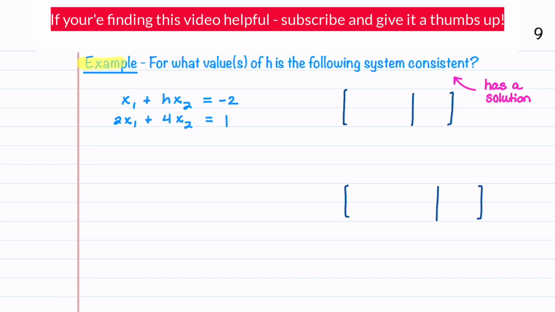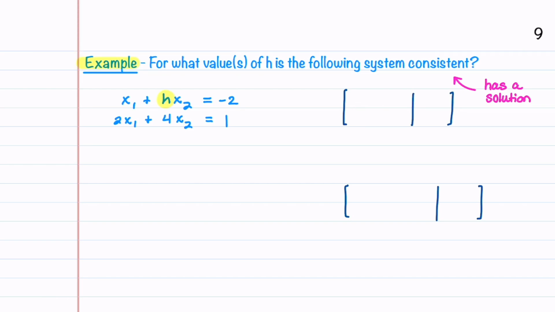In this last example, which has a constant h in it, we're asked for what values of h is the following system consistent. In other words, what values of h will this following system have a solution? We're going to solve this algebraically using the same steps that we did for our earlier example.